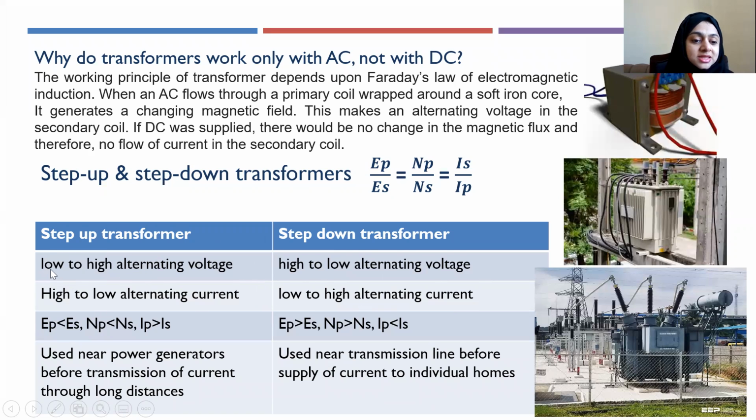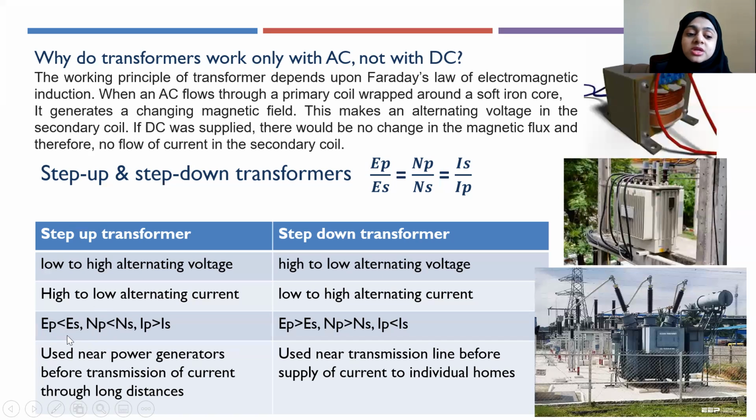And since a step-up transformer converts low voltage to high voltage, its voltage in the primary will be less than the voltage in the secondary, because in the primary we are giving a low voltage and in the secondary we are receiving a high voltage. So the same relation applies for the number of turns.